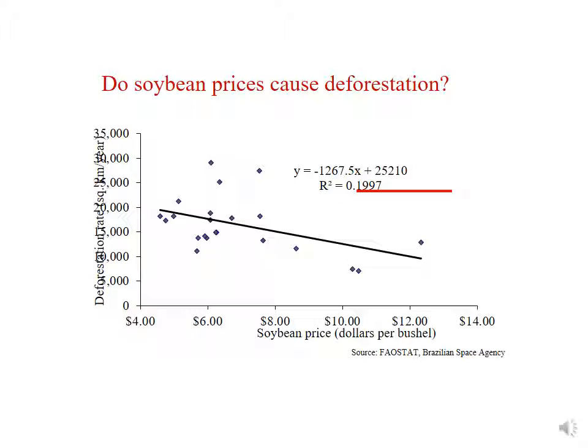How about soybean prices? We've suggested that competition for land increases soybean prices. Well, are soybean prices leading to deforestation? Again, we see that with higher soybean prices, deforestation appears to have a slight decrease.